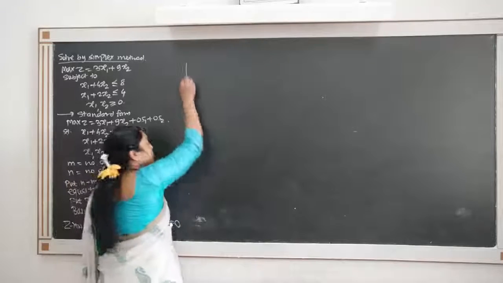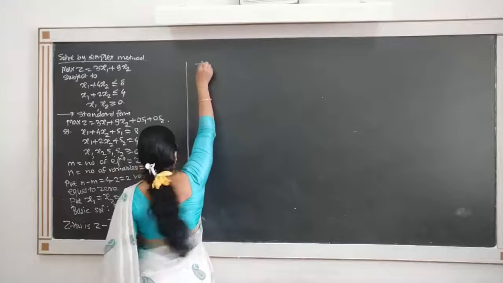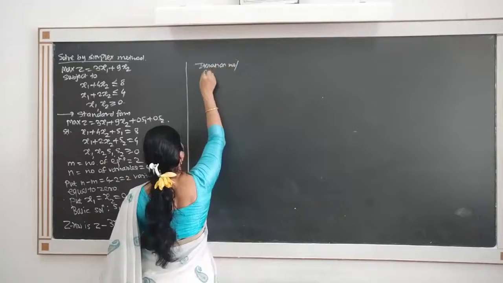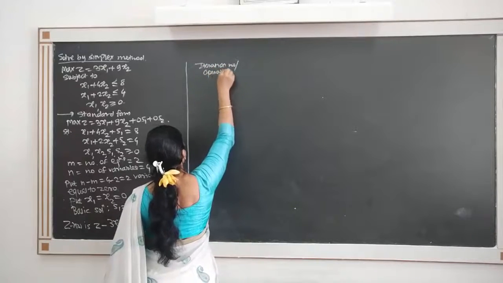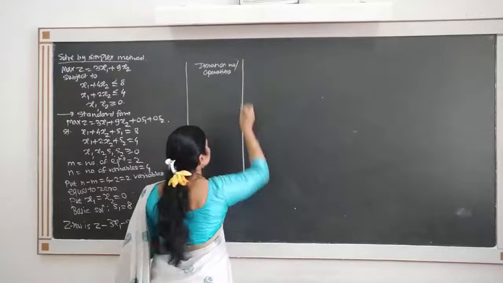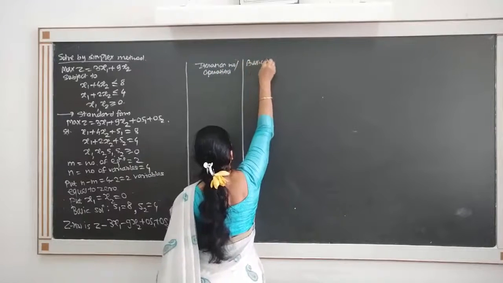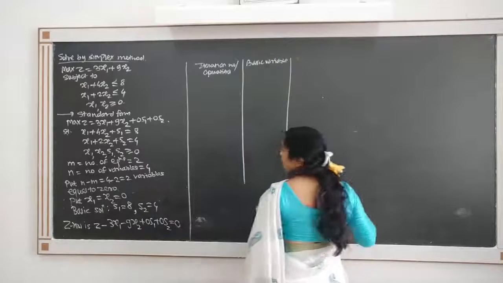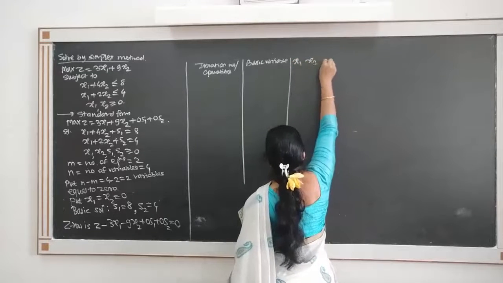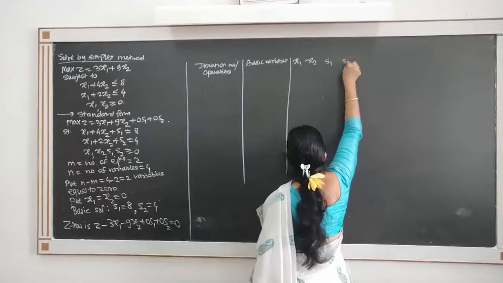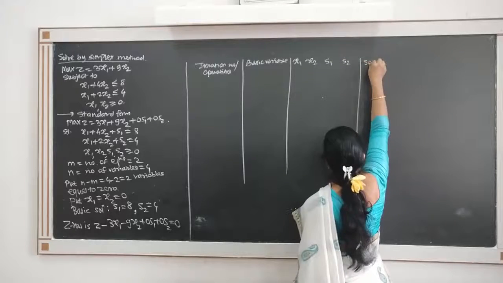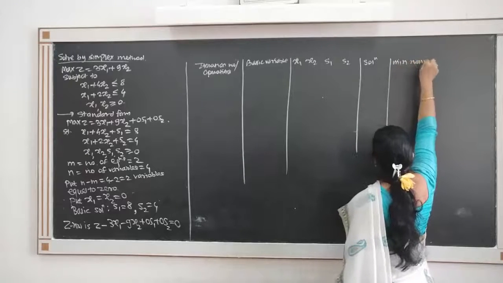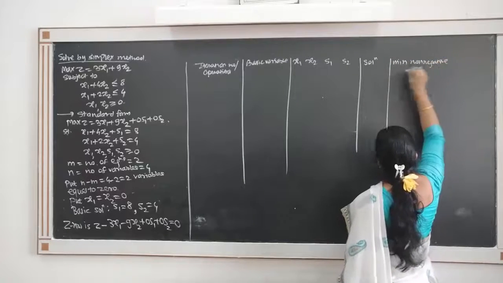Now consider the iteration table. So iteration number, or we can say what operations we are going to perform, the basic variable, we have 4 variables x1, x2, s1, s2, solution and minimum non-negative ratio.